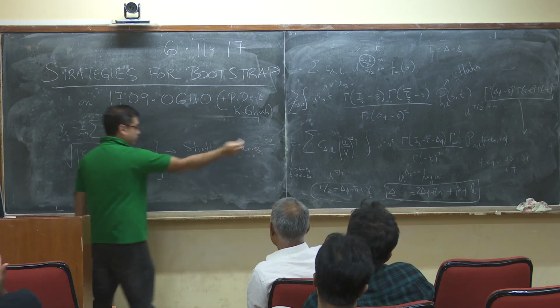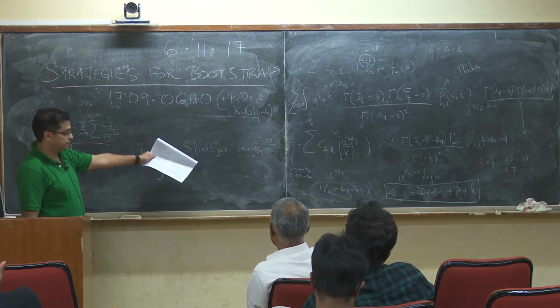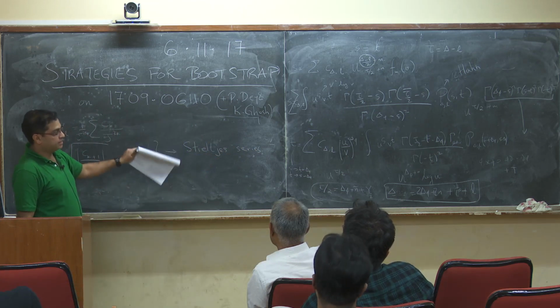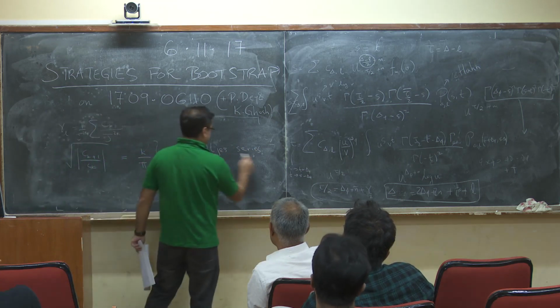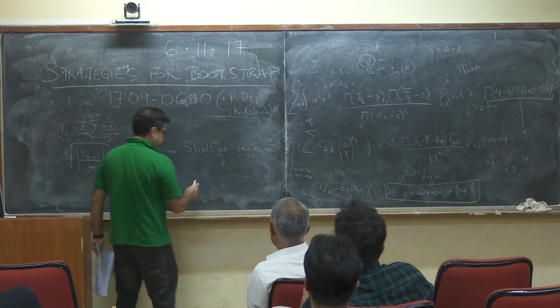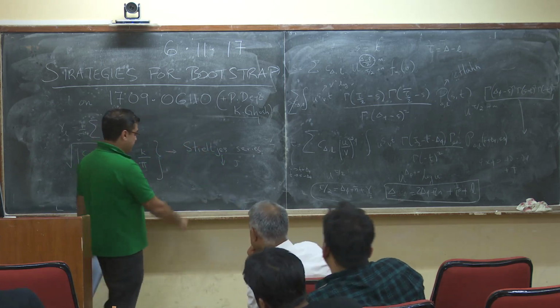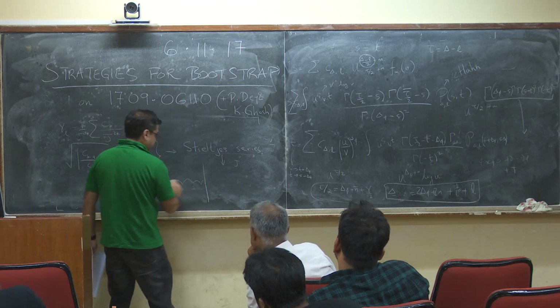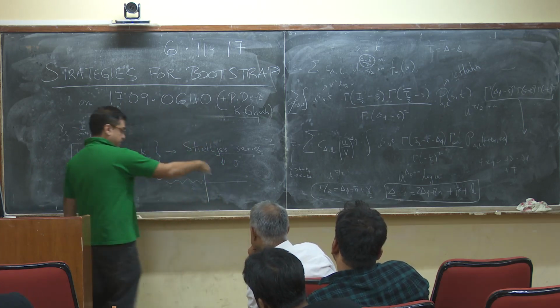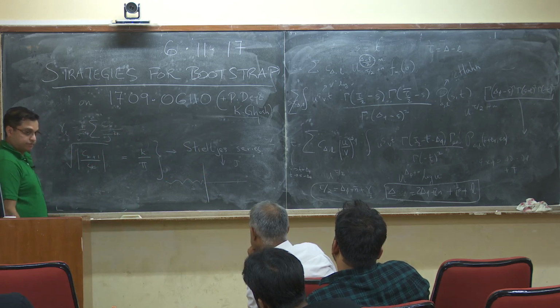Now I don't have time to tell you what the Stieltjes series is, but it has a property that tells you that this, as a function of j, is analytic everywhere in the complex j plane, except for a branch cut that runs on the negative axis.